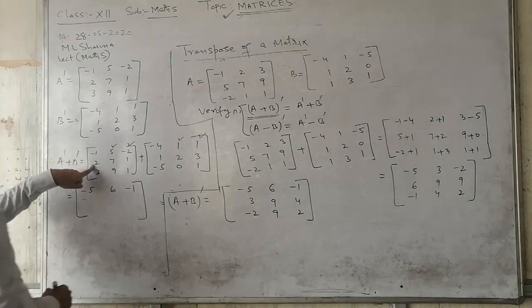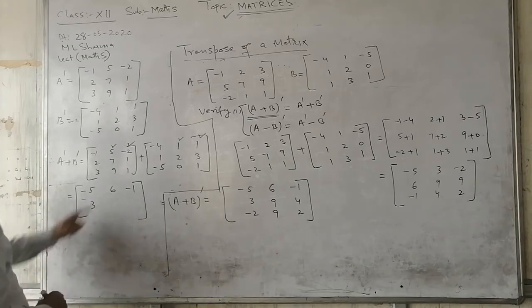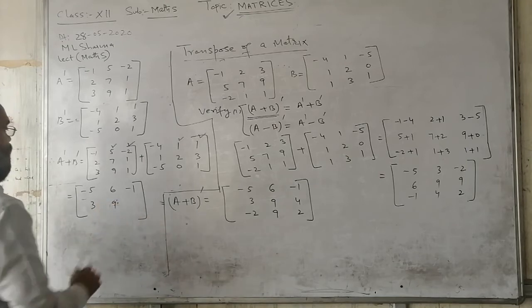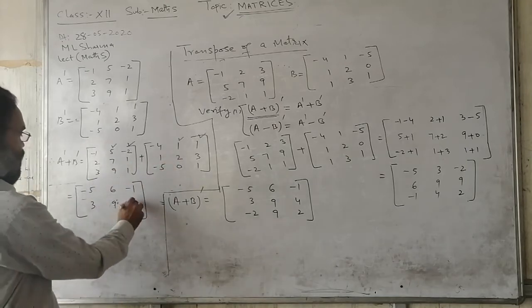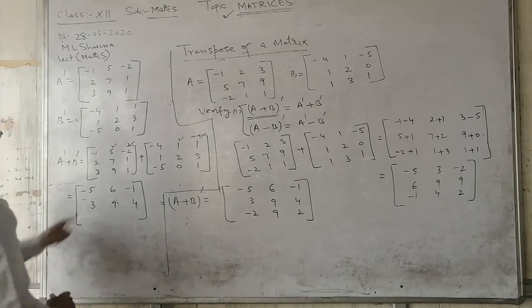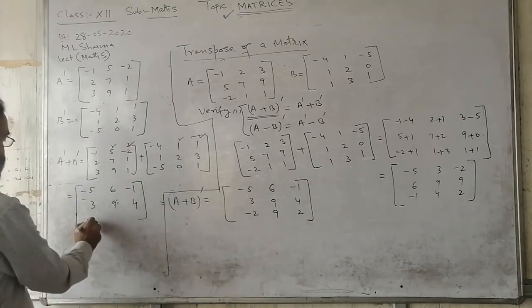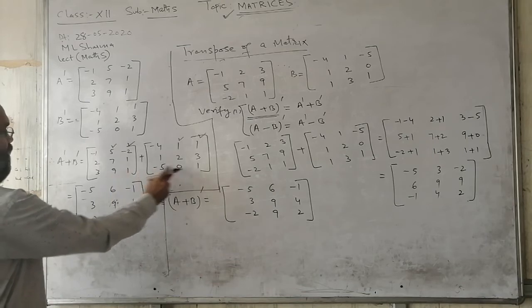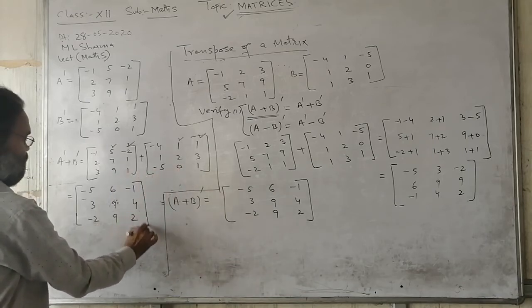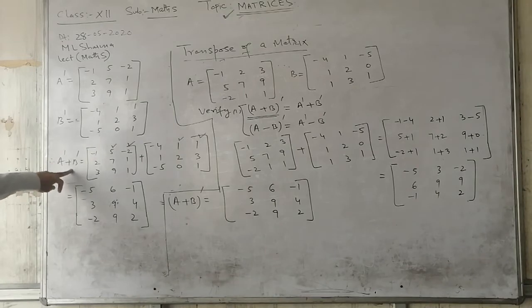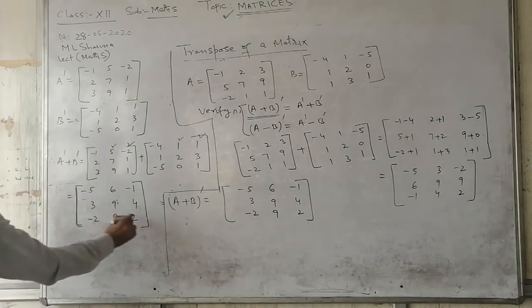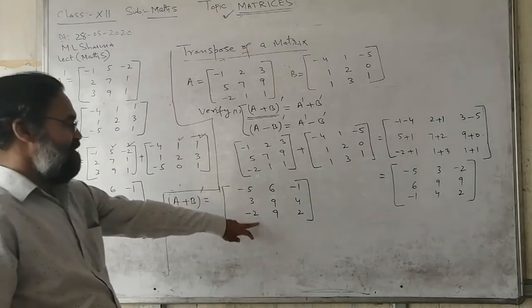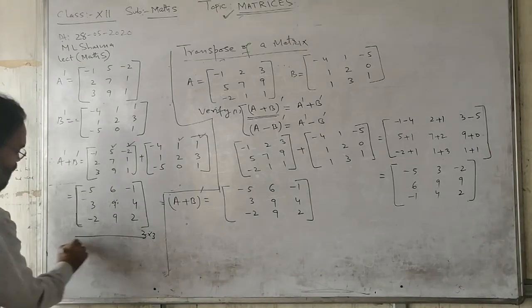Again 2 plus 1, 3, 7 plus 2, 9 here, and 1 plus 3, 4, and the last row, 3 minus 5 gives minus 2, 9 plus 0 is 9, and 1 plus 1 is 2. So A transpose plus B transpose is this matrix, again 3 by 3, and this is (A plus B) transpose, this matrix.